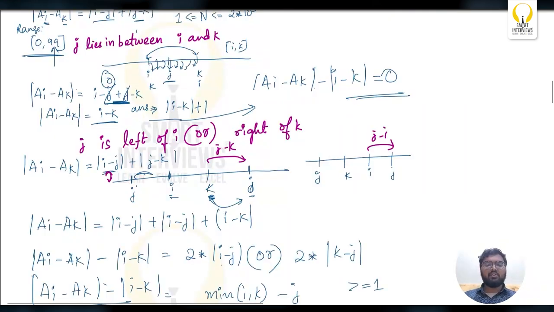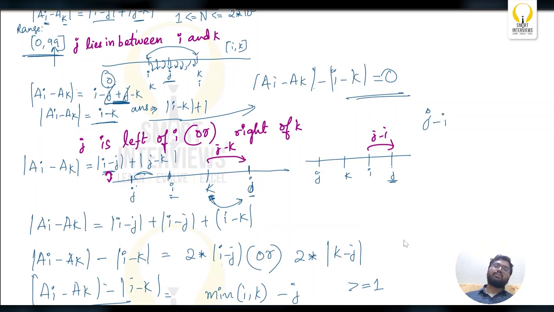Here we know already, if you observe, if it's on the right side, j is on the right side of I or k, it can take any scenario, right? It can be here or it can be in this scenario. So I minus j or I minus k will be negative.